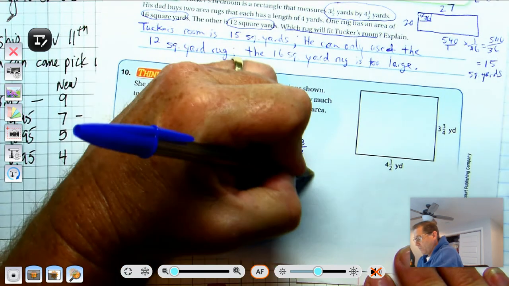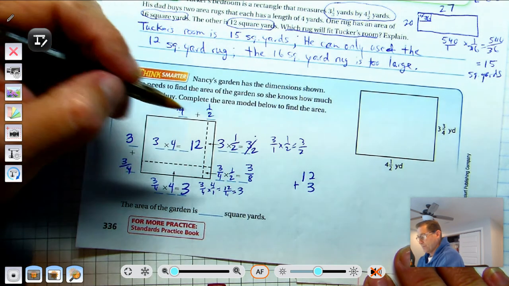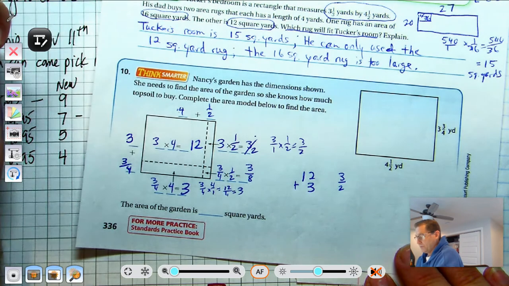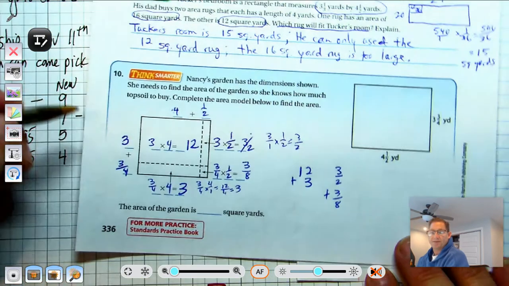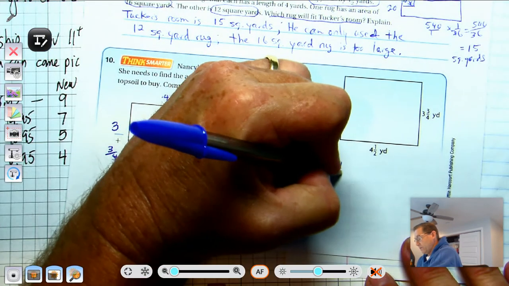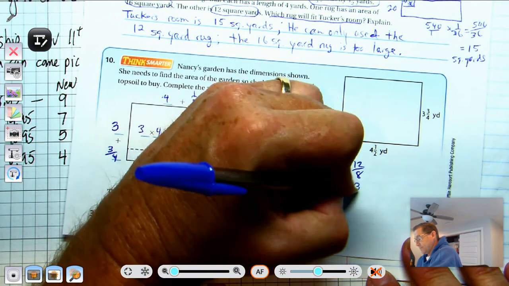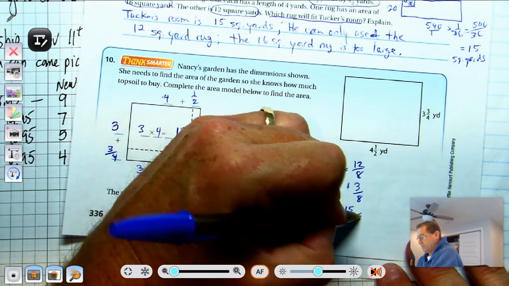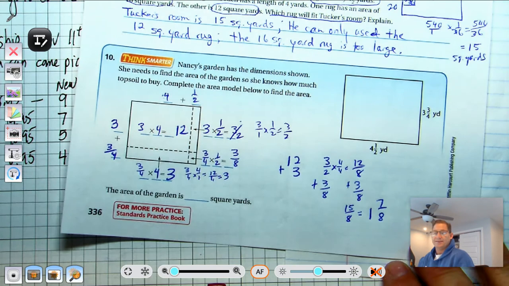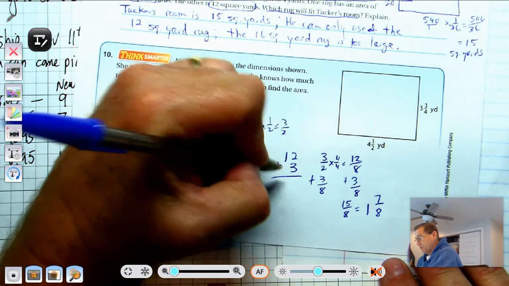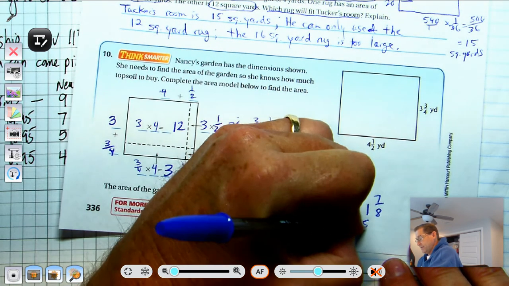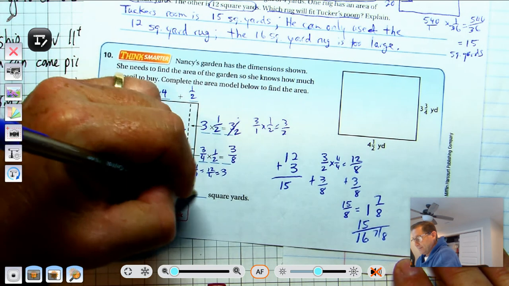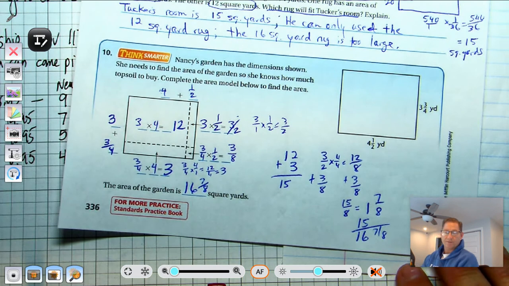All right, so we have 12 plus 3 plus 3 halves plus 3 eighths. Well, let's multiply this by 4 to get eighths. And 12 eighths plus 3 eighths is 15 eighths, which is the same as 1 and 7 eighths. So 12 plus 3 is 15, plus the 1 and 7 eighths, 16 and 7 eighths square yards.